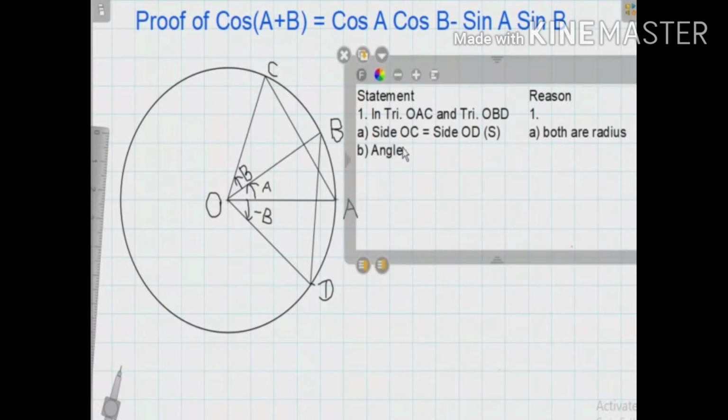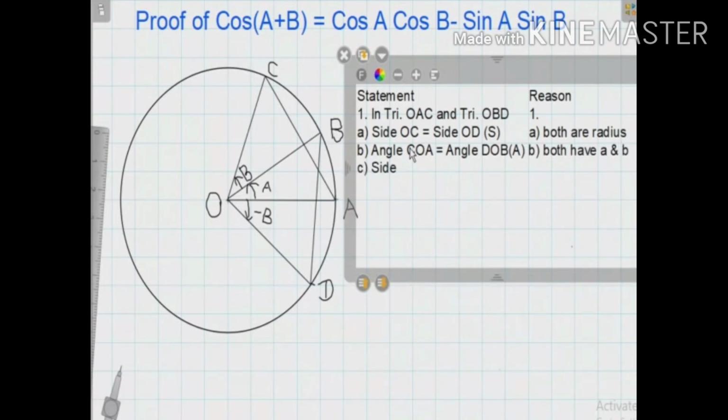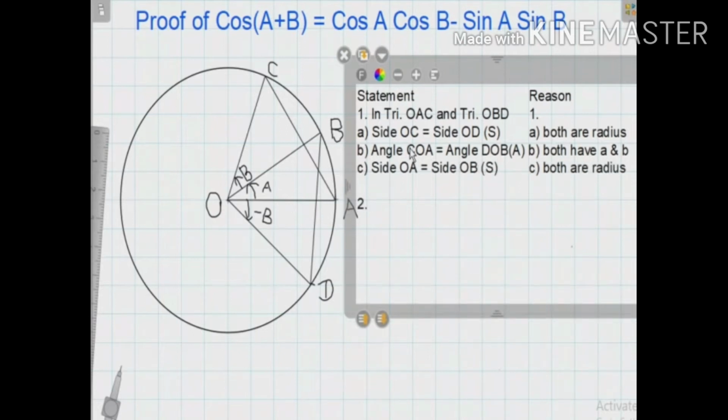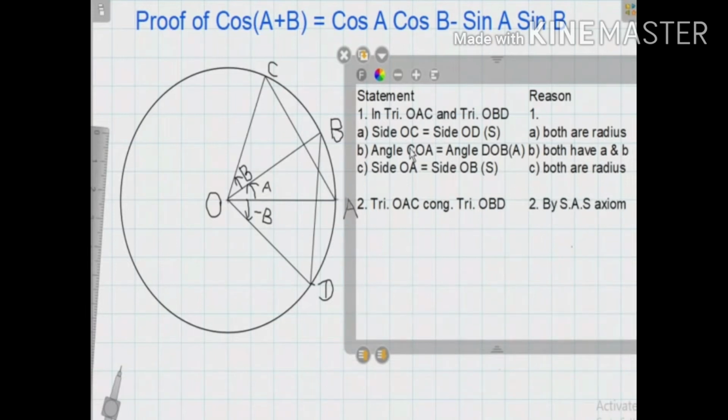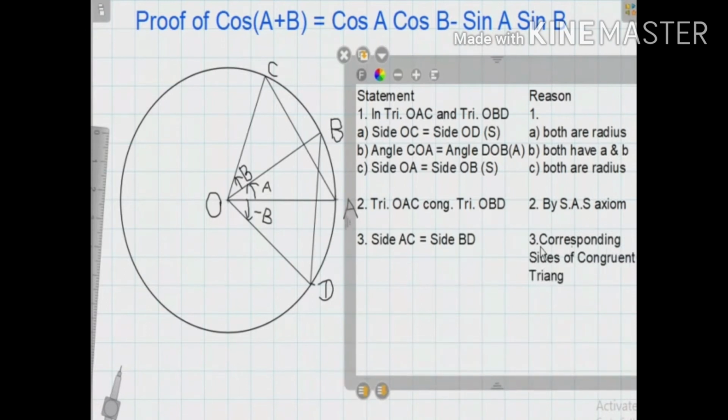And similarly, angle COA is equal to angle DOB because both are the sum of angle A and angle B. And likewise, side OA is equal to side OB because both are radii. So here we get the SAS congruency test to prove these triangles congruent. And now because triangle OCA and triangle ODB are congruent, we can say AC is equal to BD because both are the corresponding sides of congruent triangles.